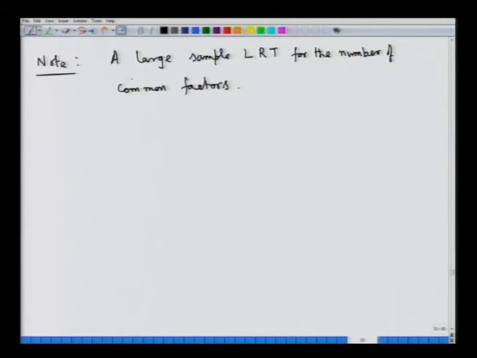We are doing this because we have just now obtained the maximum likelihood estimators of L and ψ, and this large sample likelihood ratio test is based on that maximum likelihood method of estimation. What we are doing here is saying that a null hypothesis is of the form that Σ is equal to LL' + ψ, with the order of L being p by m with a chosen m here.